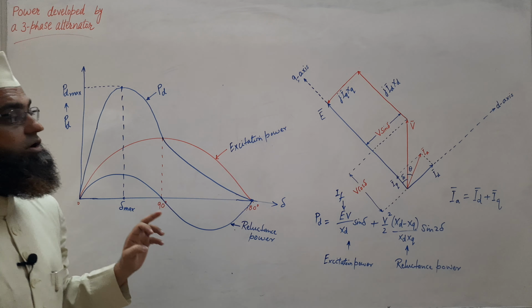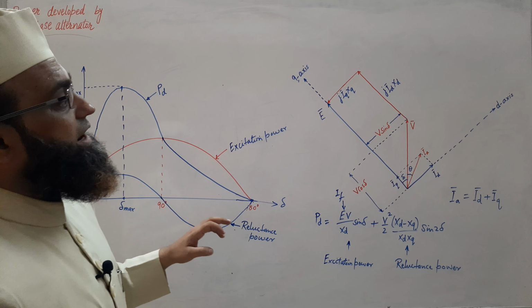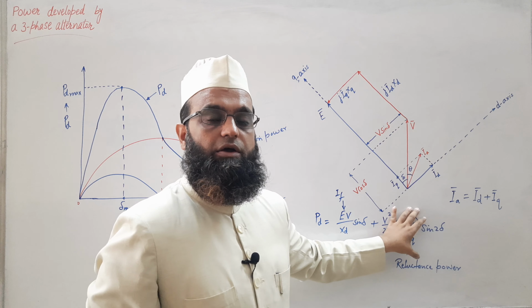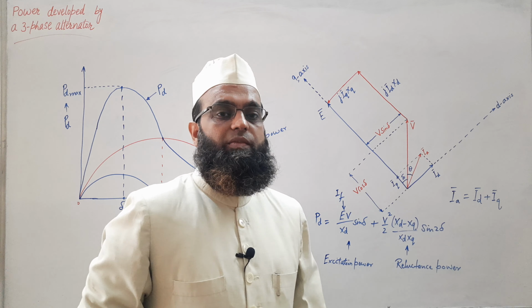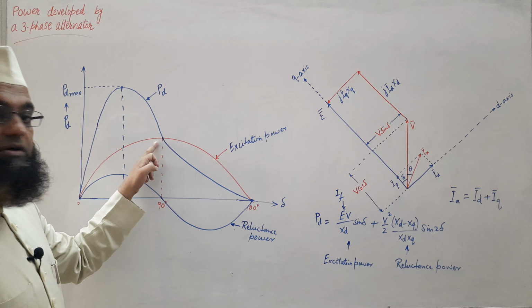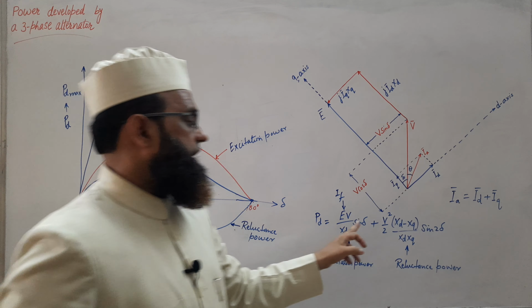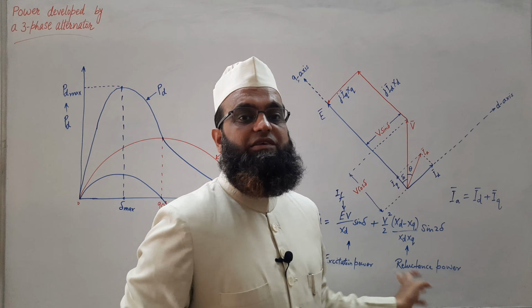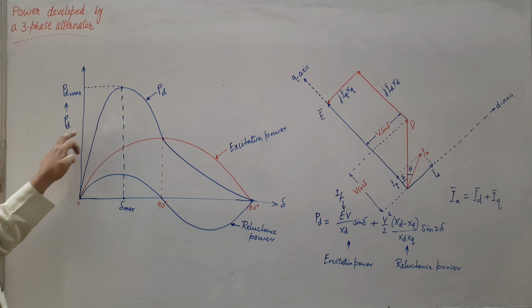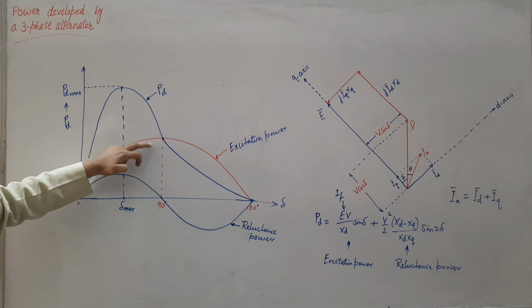If we talk about the case of a cylindrical rotor machine where this part will be absent, the maximum possible PD on paper will be this, but because of the existence of the reluctance power component, we are now getting this maximum developed power even higher than this.